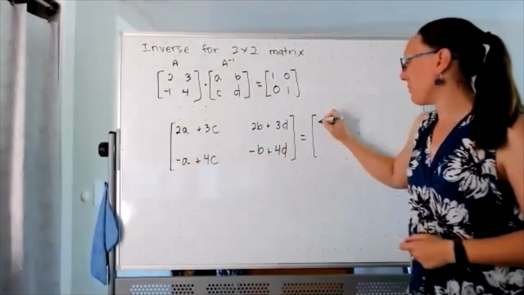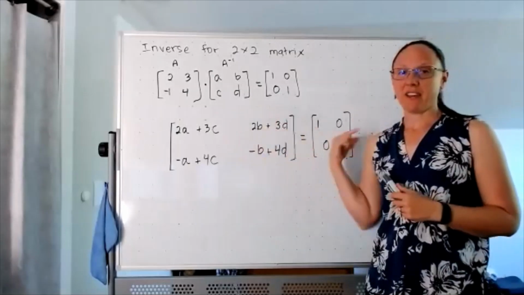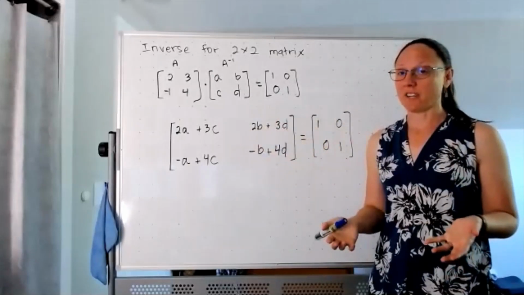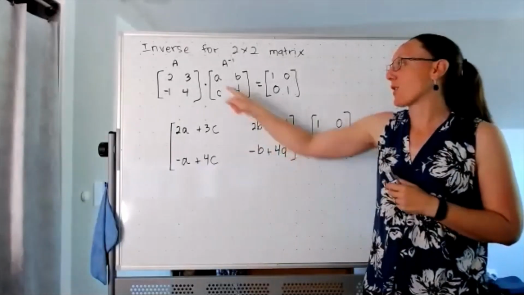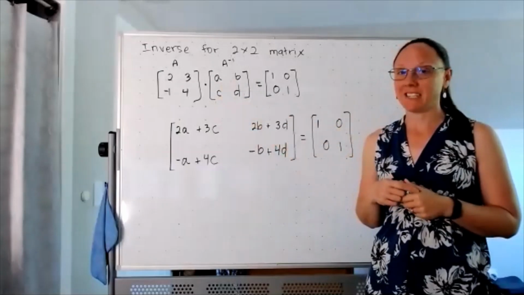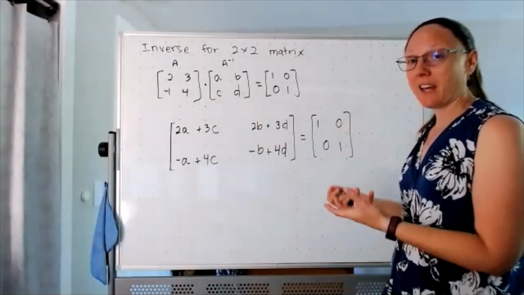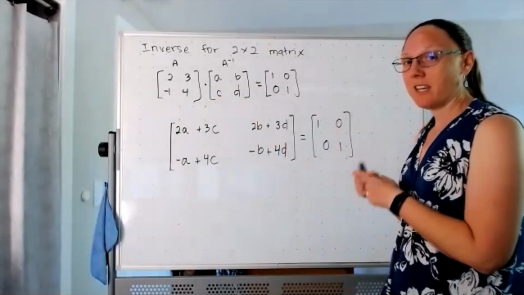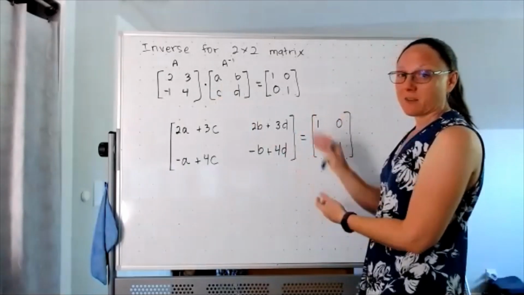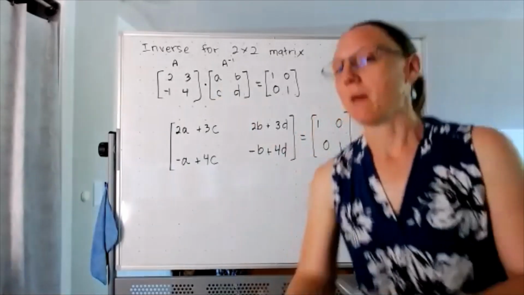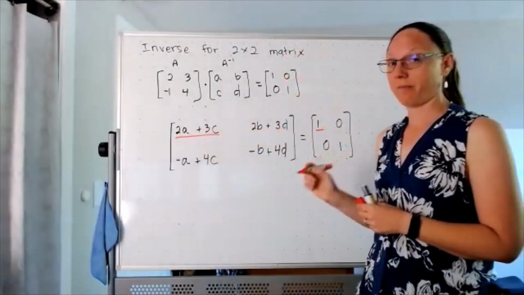And if I need that to be equal to the identity matrix, then this has essentially told us 4 equations with 4 unknowns. I'm trying to solve for the A, B, C, and D. So I'm going to set each of my equations equal to that same element in this matrix, meaning the 2A plus 3C needs to be equal to 1.